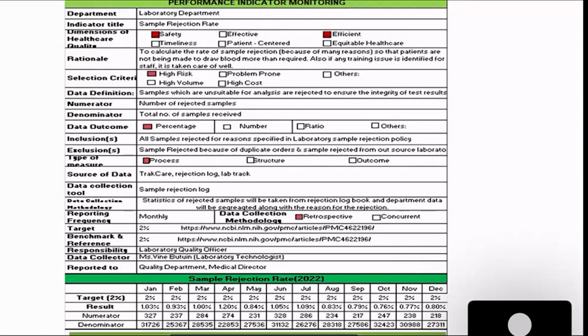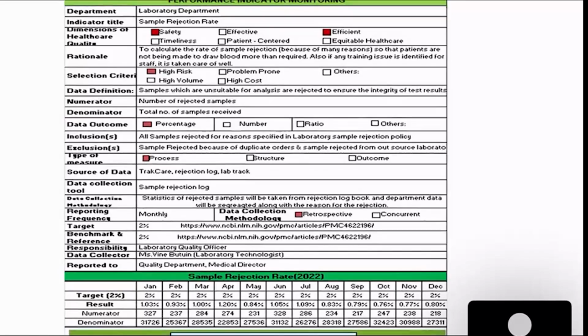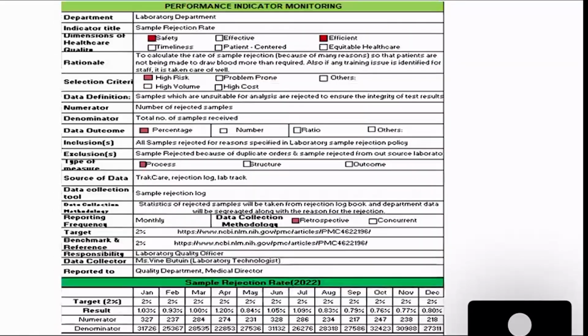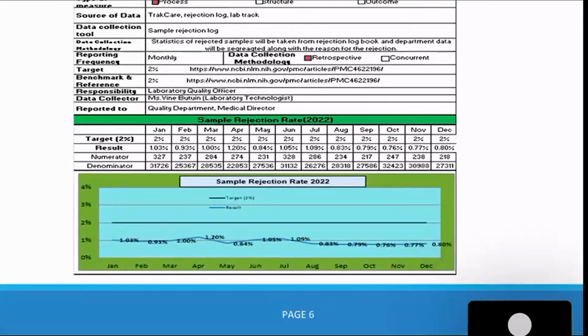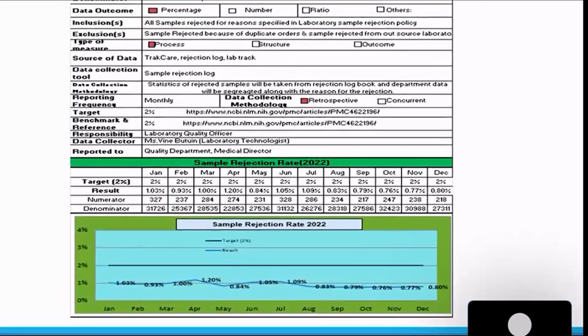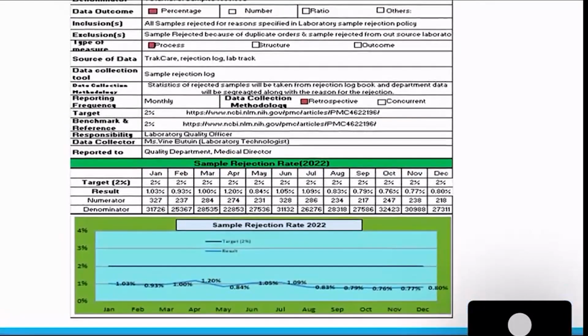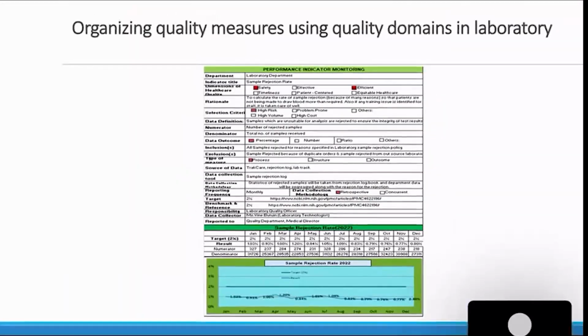What is the reference behind it, who is responsible, who is going to do the data collection, and to whom it is going to be reported. Then the monthly data, and there's a run chart which displays the target and how it has traveled over a period of time.